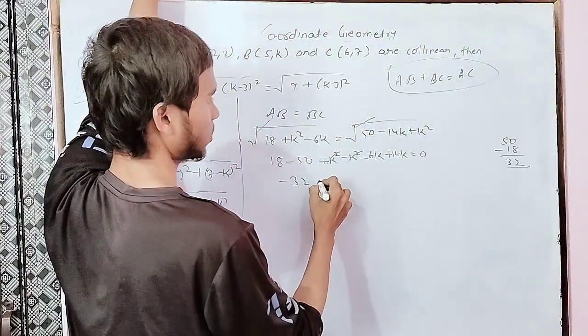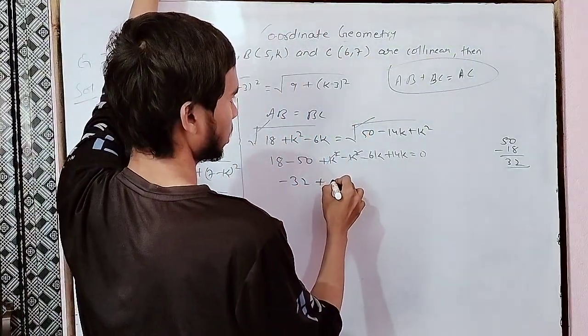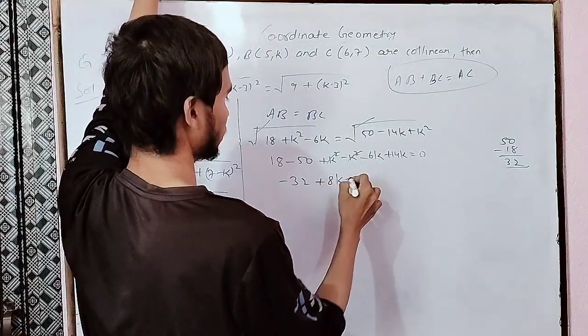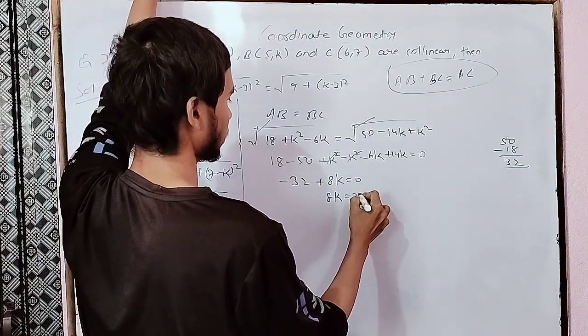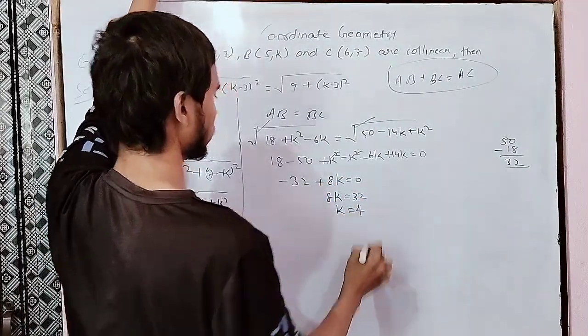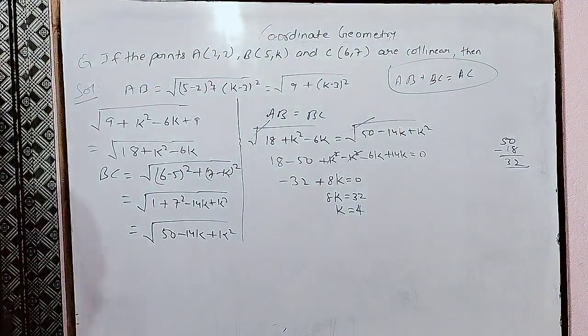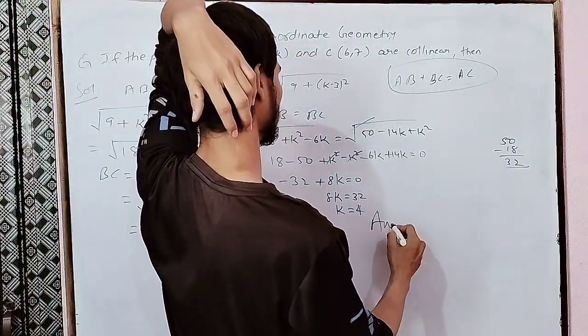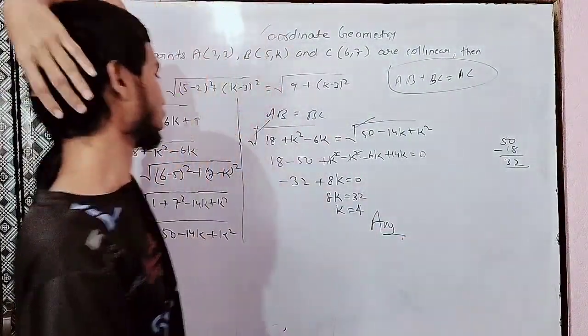So minus 32 equals minus 8k, and k is 4. So this is the final answer: k is 4.